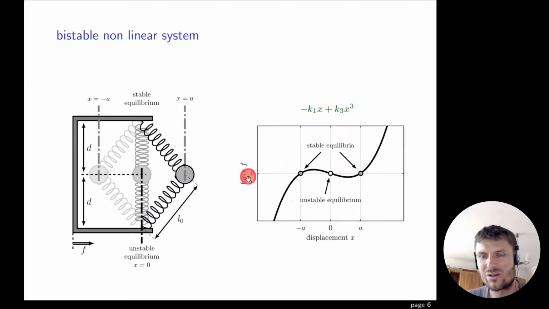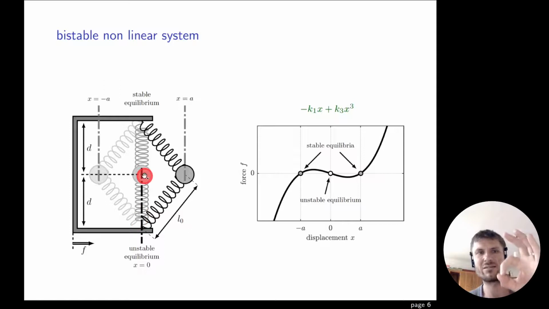If you plot the restoring force, so this force over displacement, you have this curve, minus k1 x plus k3 x cubed, and you can find two stable equilibria and one unstable. Basically, this is very often represented by this picture, a mass with two springs.